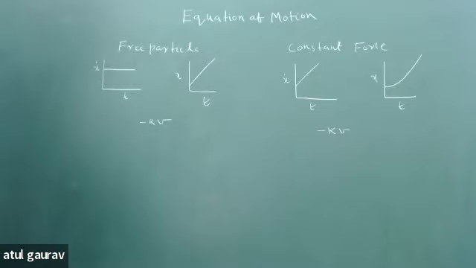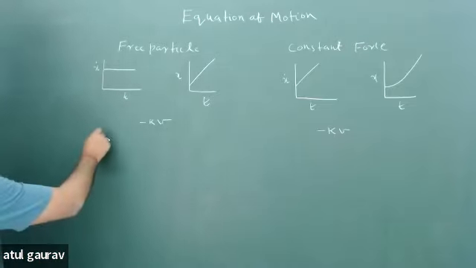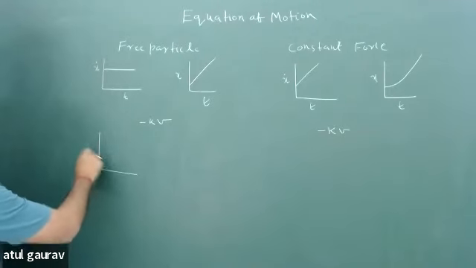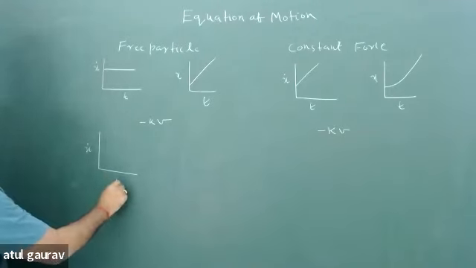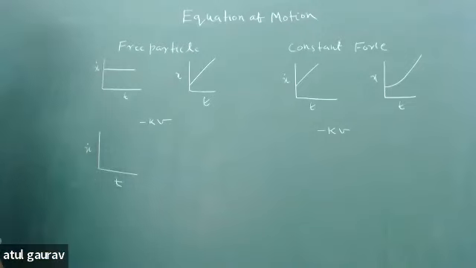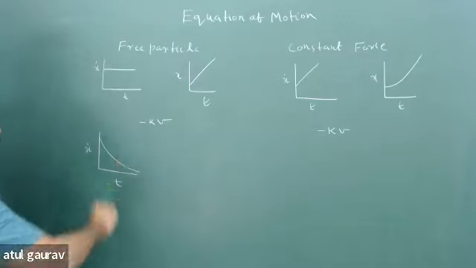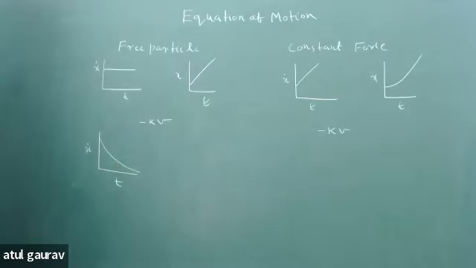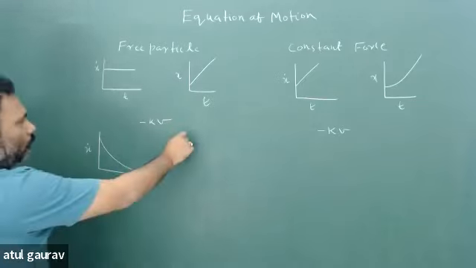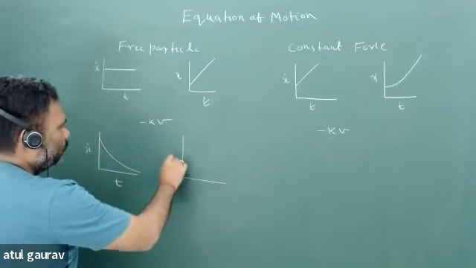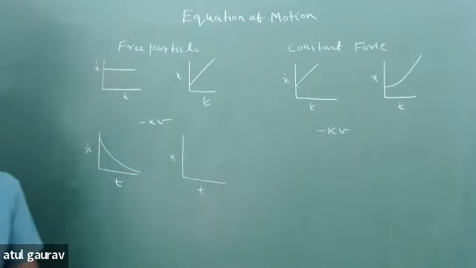So when this resistive force comes into the picture, what will be my x dot versus t here? That will be exponentially decaying in nature. And when we go for x versus t, which type of solution is there?